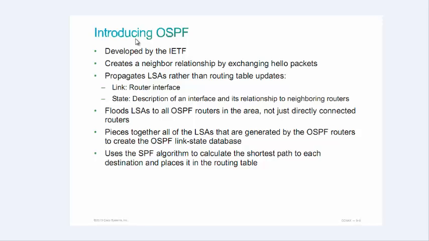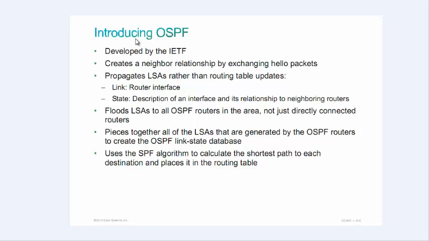Now OSPF has three types of tables. The very first is the neighbor table, the second is the database table, and the third is the routing table. The neighbor table has only directly connected entries. The database table will have all the pieces of LSA put inside the LSDB.